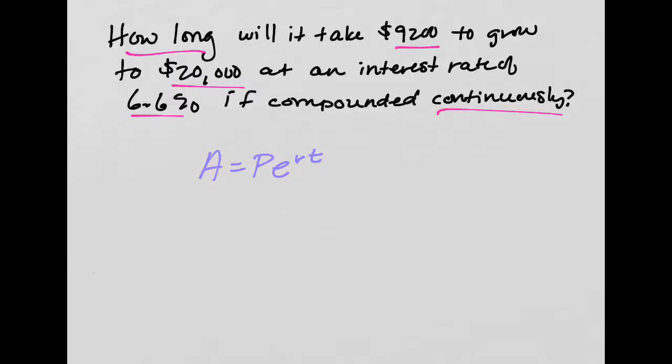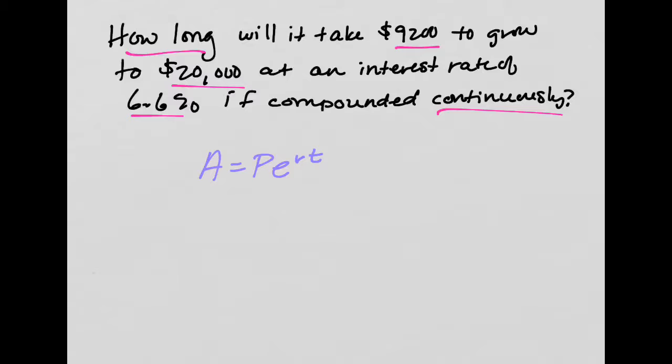Which is essentially the same formula as the radioactive decay formula. The only difference is that the r we think of as negative in radioactive decay because it's a decay graph. It would be going down as opposed to growing.